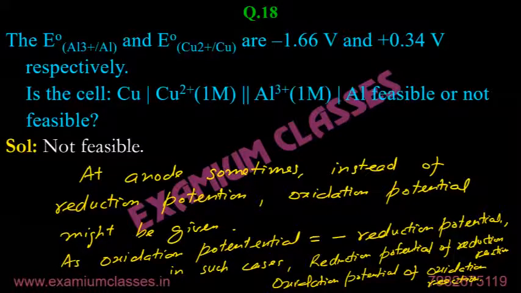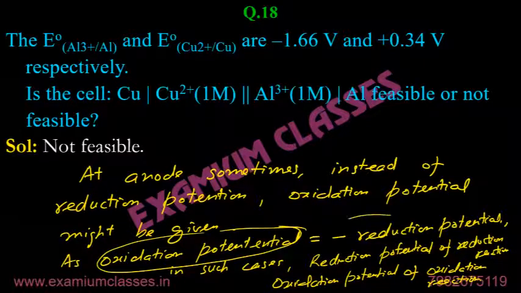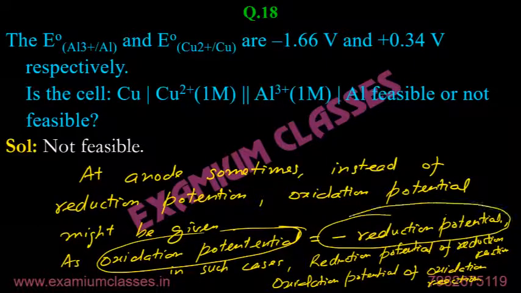Then instead of the difference E cathode minus E anode, you will add them. Why will you add them? Because oxidation potential is already the negative of reduction. That is something you need to remember. In quite a few questions, your teachers, instead of reduction potential, can give you oxidation potential.